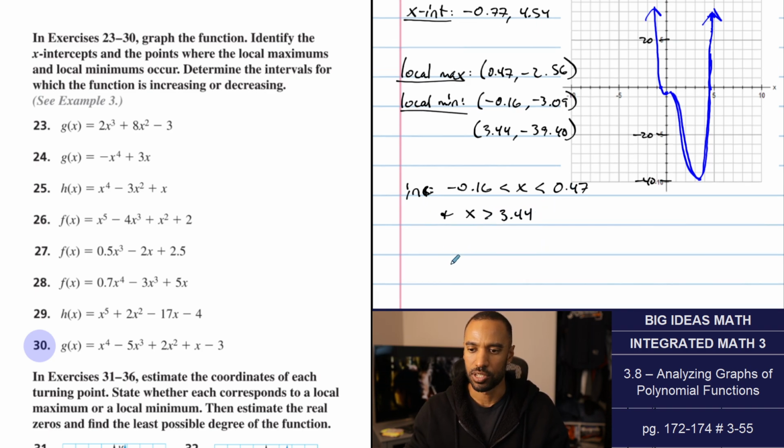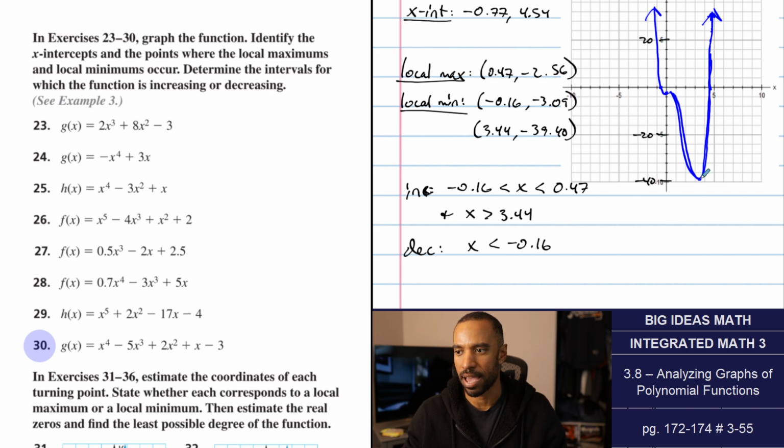Now it decreases when we are less than that first min, before the bottoming out, x is less than negative 0.16, and then it decreases again after that maximum all the way to that minimum right there. So that is between the x of 0.47 and 3.44.